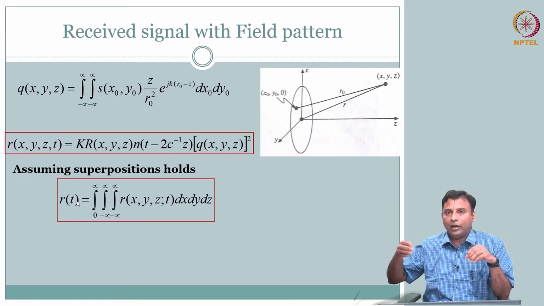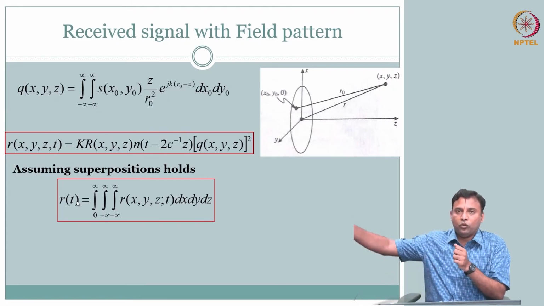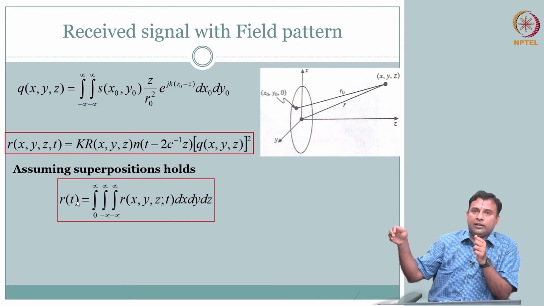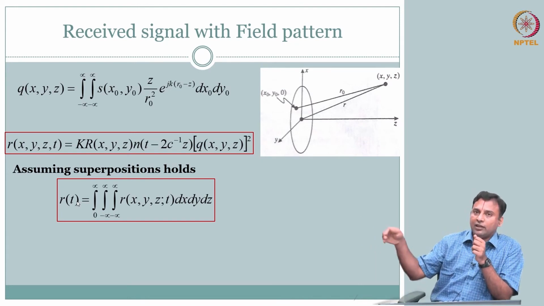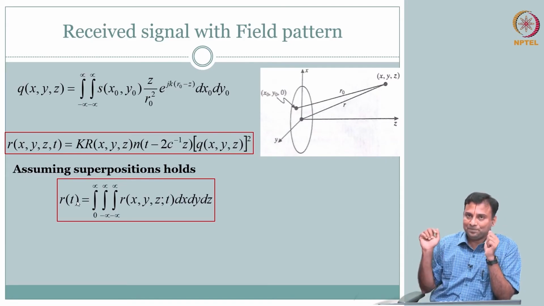The echoes will come at earlier instants if they are nearer the transducer; the echoes from the boundaries that are further down deeper will come late. So, even though we write R of t, we know that what this is saying is the echoes are coming from different locations along the z direction.